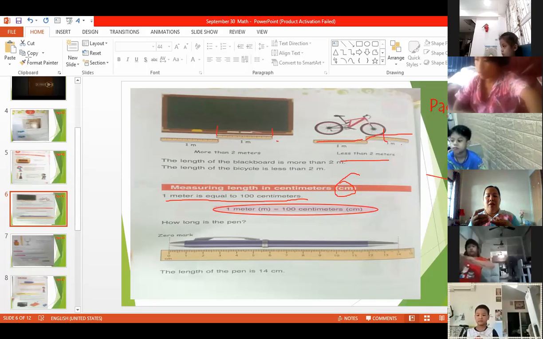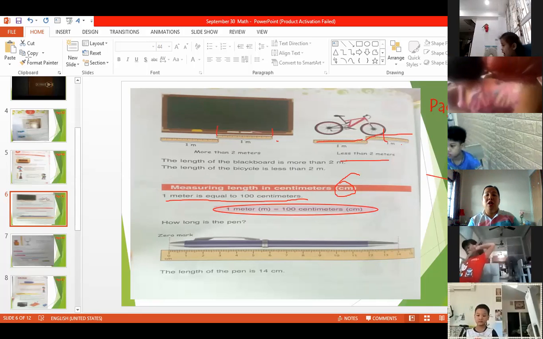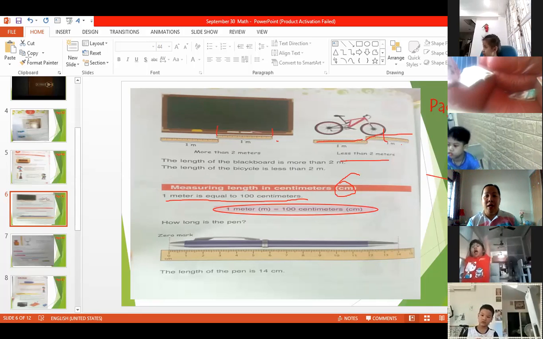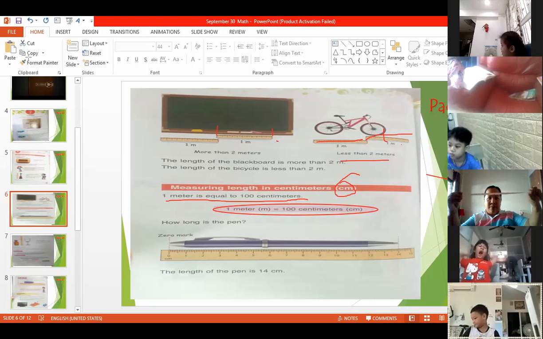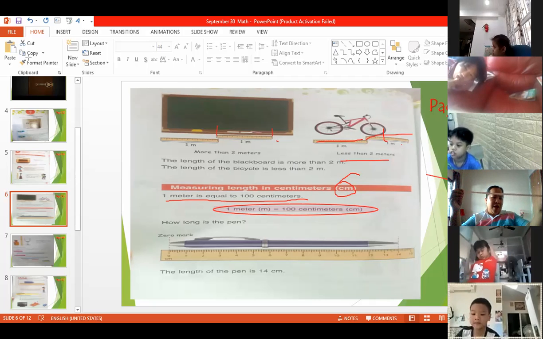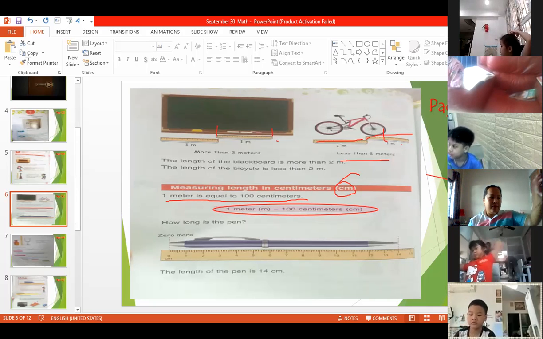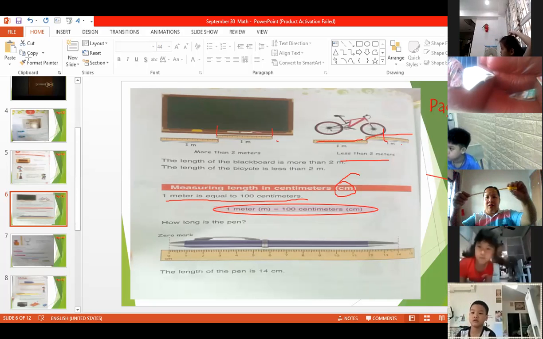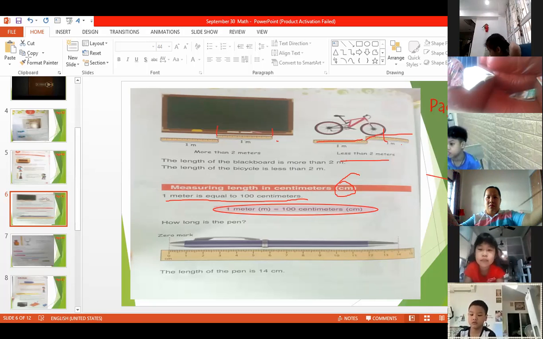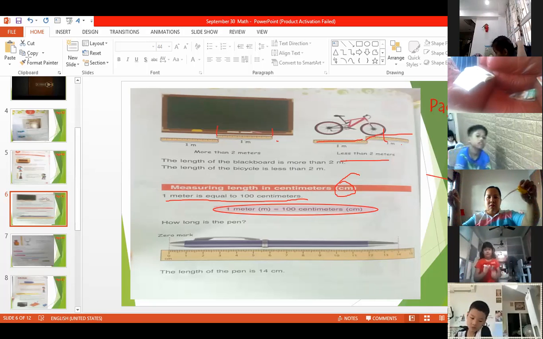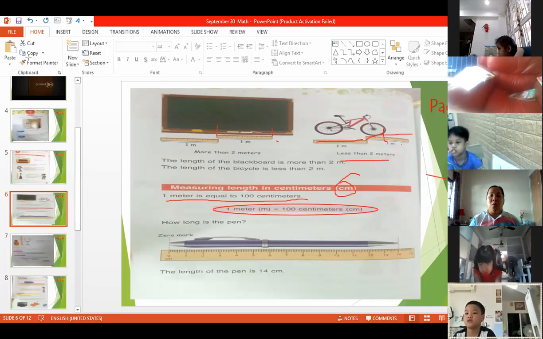Yeah, if you don't have a ruler, you can use this one. A tape measure, you can use it. There's a lot. This one also. You can use that one also.